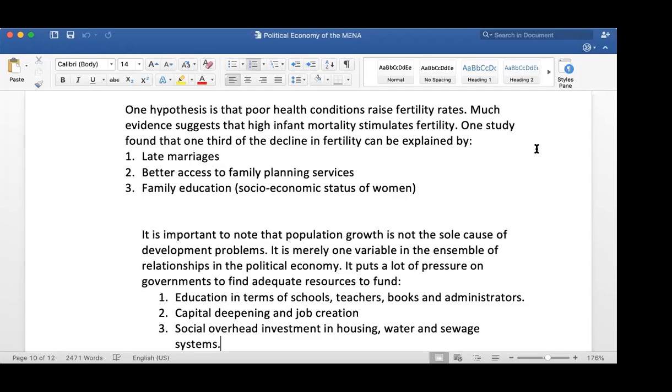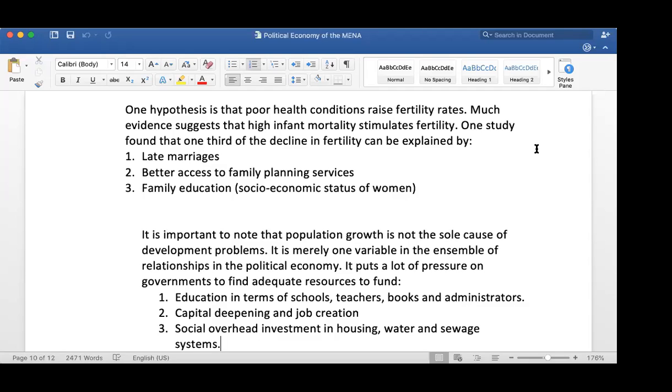Yeah, that's another one. But what are the other ones that I believe are very, very crucial and extremely important? And you have them right there in front of you, basically, if you look at the notes that you have. Low capital per worker. Very good. Capital per worker, capital deepening, and job creation.